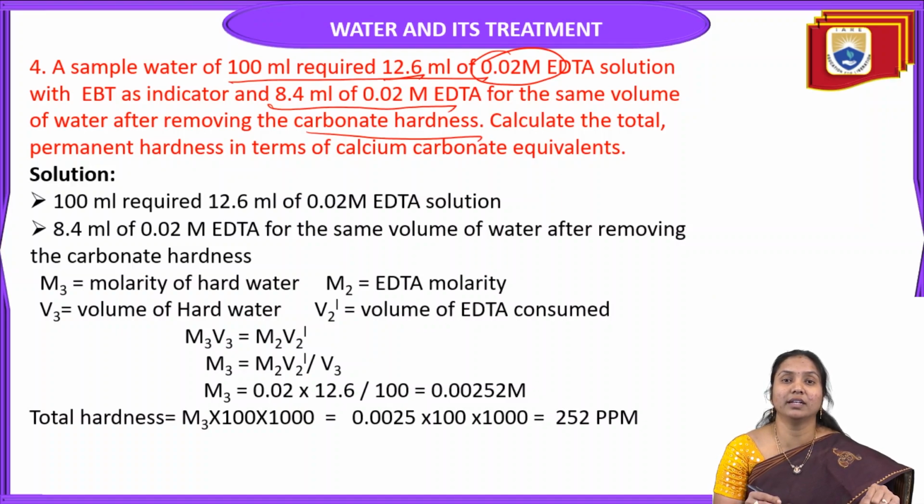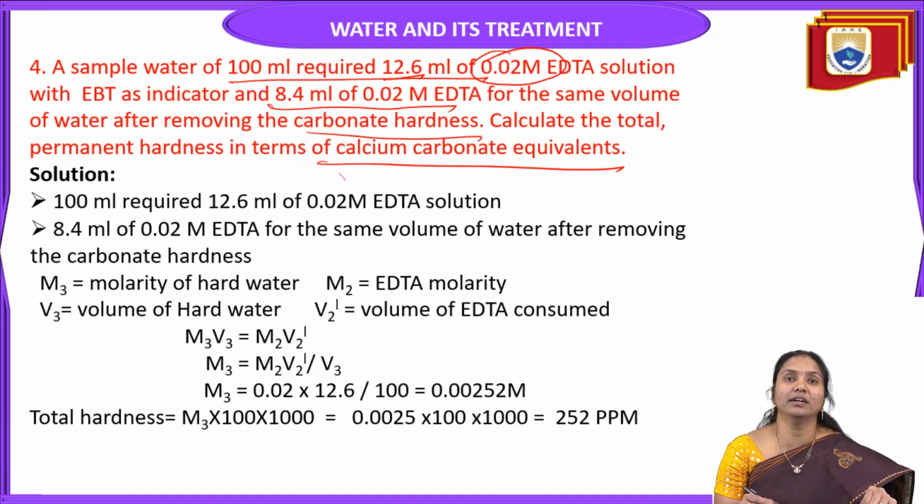After completing boiling, the water is filtered and cooled, and the remaining sample water is made up to 100 ml using distilled water. So that 100 ml water sample after removing temporary hardness required 8.4 ml of EDTA, and the molarity of EDTA is 0.02 M. So here calculate the total hardness and permanent hardness in terms of calcium carbonate equivalent.